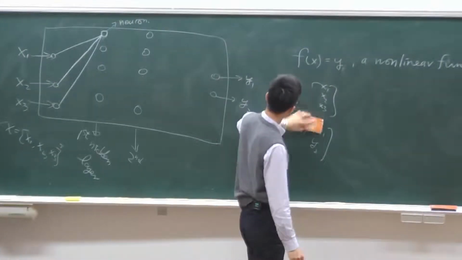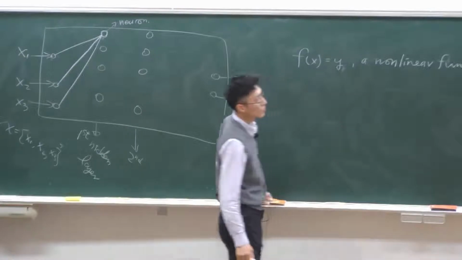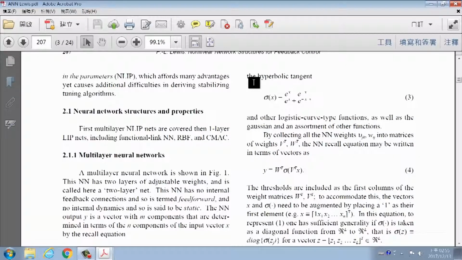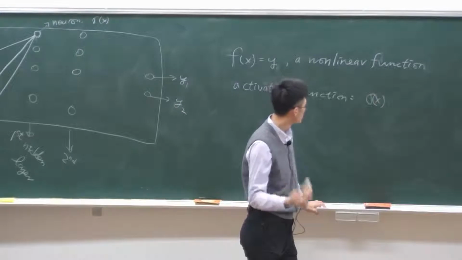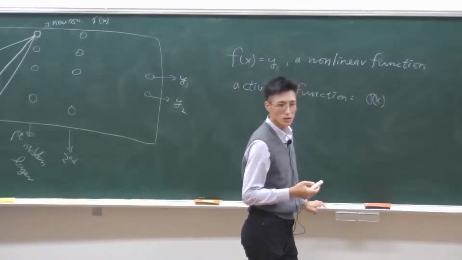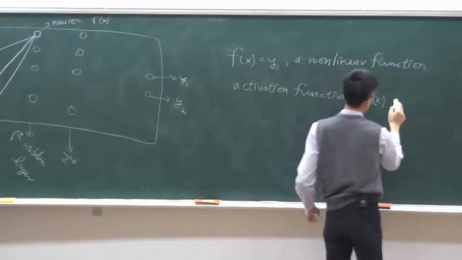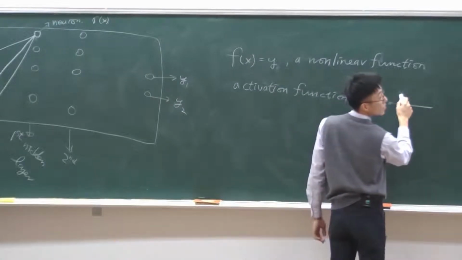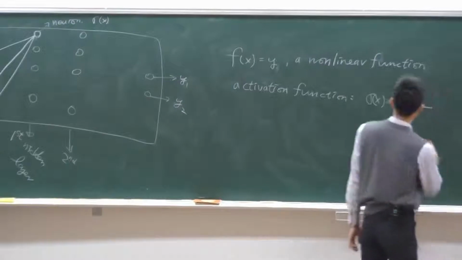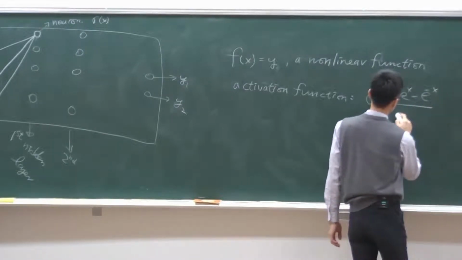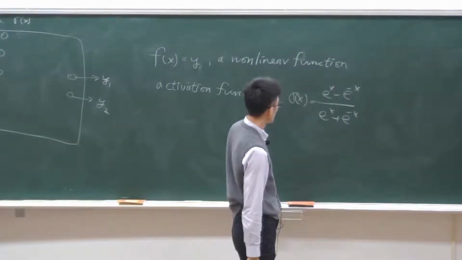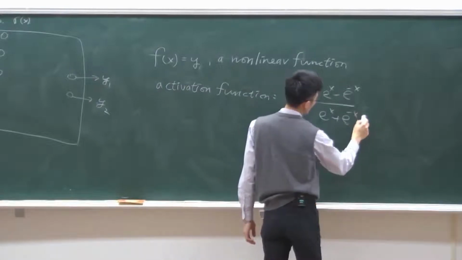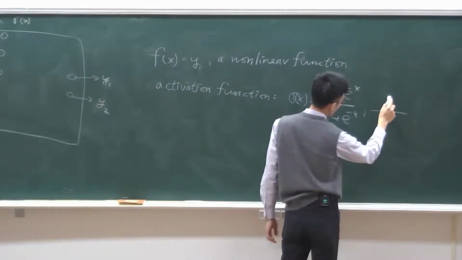Because each neuron has an activation function, sigma of x, called the activation function. The activation function can be many types of functions. This is one of the functions you can use, e to the x minus e to the minus x, or some other functions.